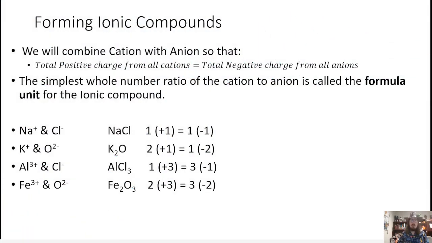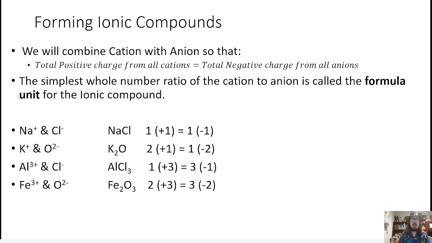Now, in the previous video we discussed binary molecular compounds and how they can combine in different ways, and thus we have to name them differently because we needed prefixes to help us understand the combinations.